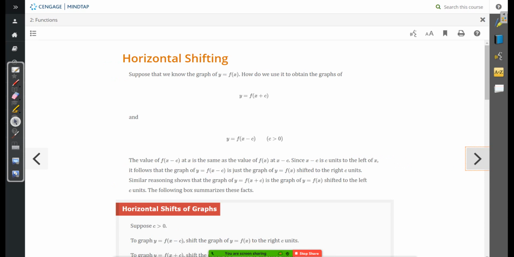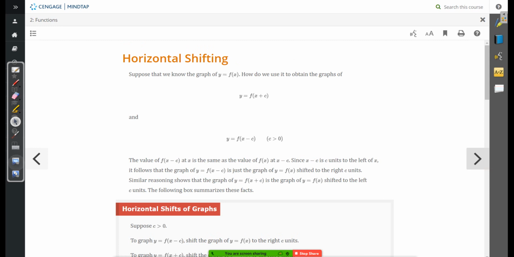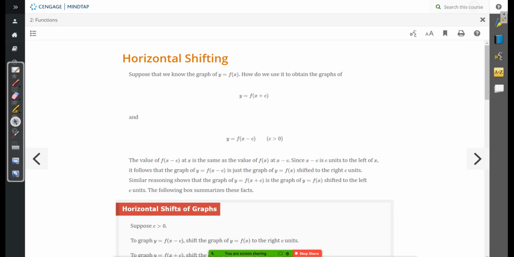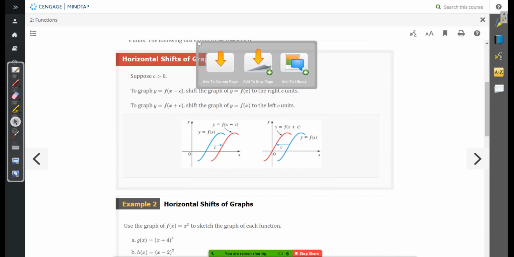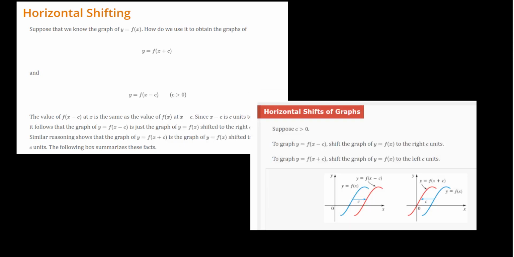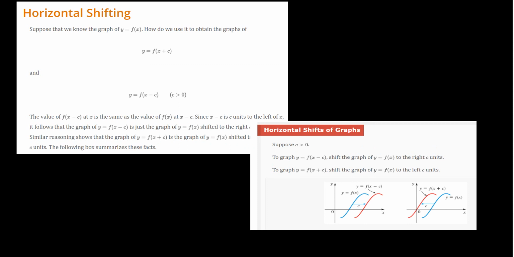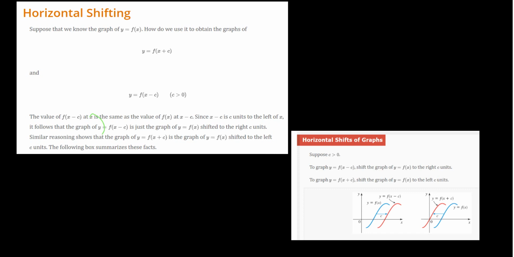Horizontal shifts. All right, so horizontal shifts. Okay, so horizontal shifting.